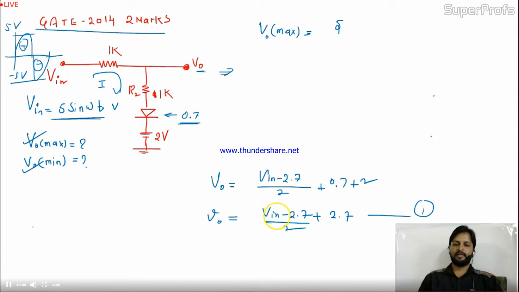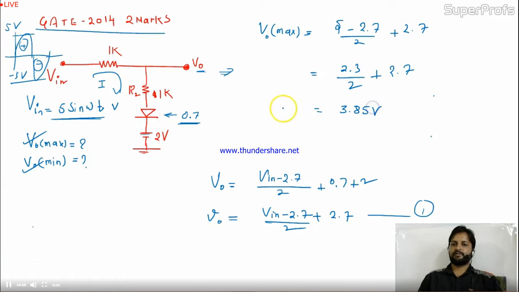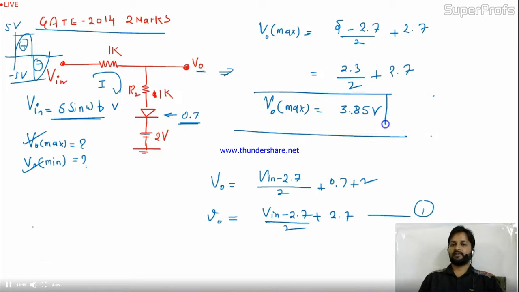The max value of V0 comes when V in will be high. It's quite obvious, right? So V in is 5, minus 2.7, divided by 2, plus 2.7. So it's 2.3 divided by 2, plus 2.7. When you solve it, it will be 3.85 volt. This will be your V0 max. Am I right or not? Please think about this.